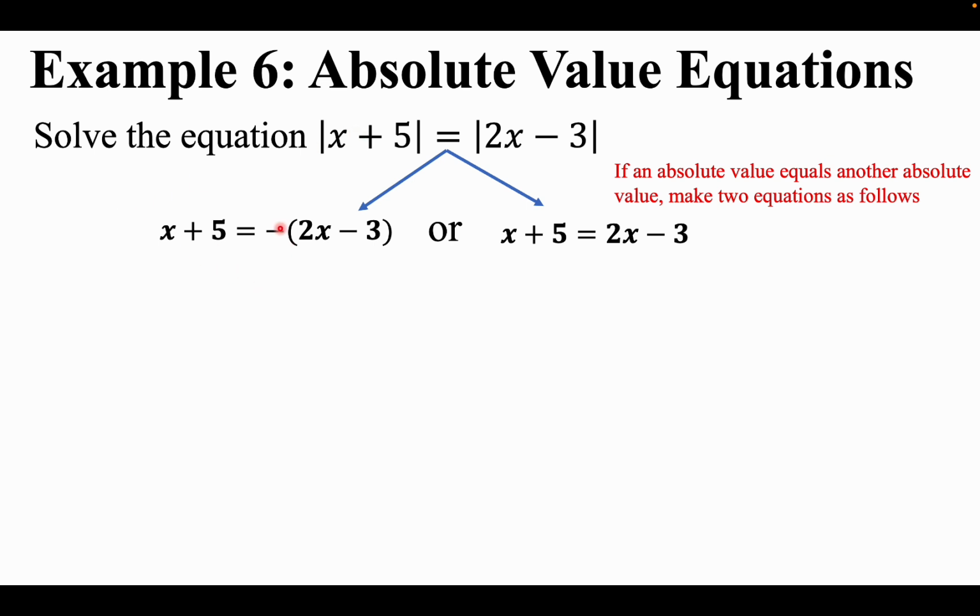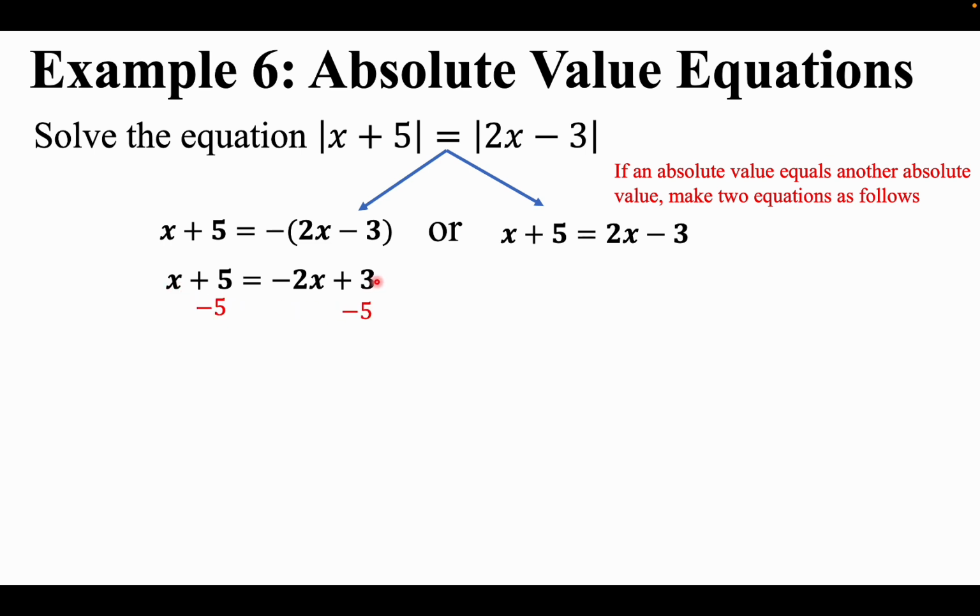Okay, so what we're going to do is distribute this negative symbol. Negative means negative 1, so negative 1 times 2x would be a negative 2x, and negative 1 times negative 3 is positive 3. So on that side, you should get this. Now we're going to move the variable terms to the same side. I'd probably add the 2x over to this side and move the 5 over to the other side.